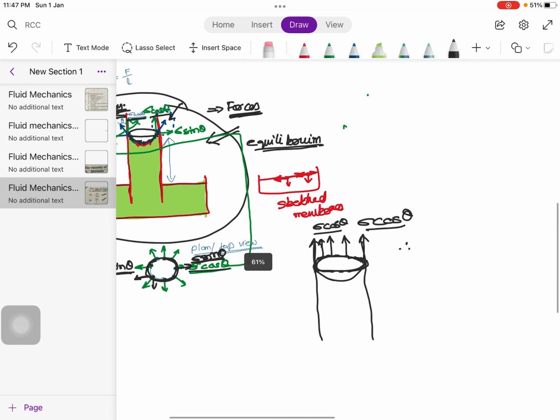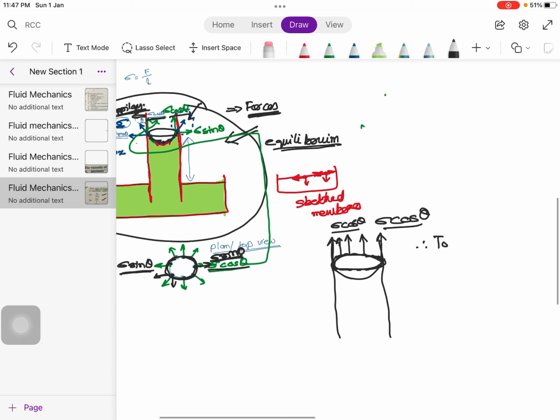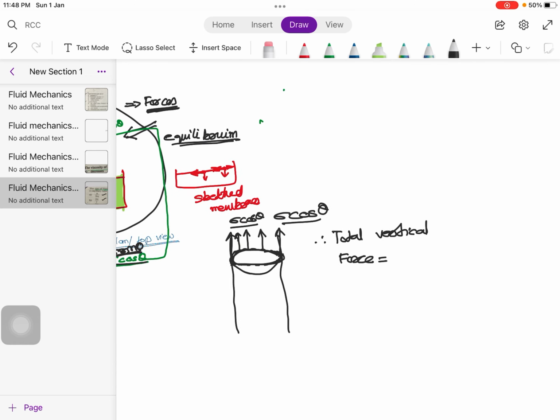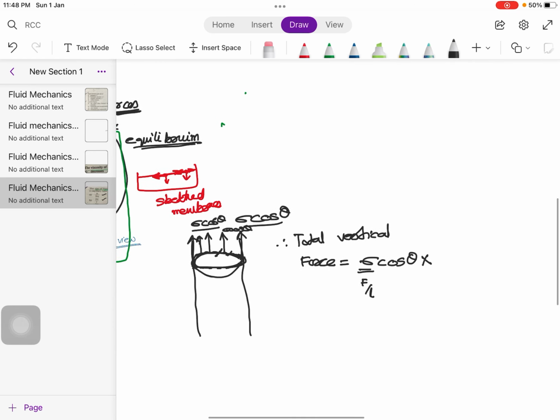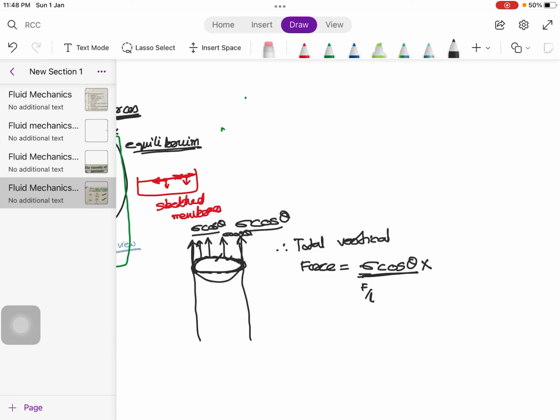Therefore, as we can observe, the total vertical force is sigma cos theta, which is the surface tension or the force per unit length, times the circumference.